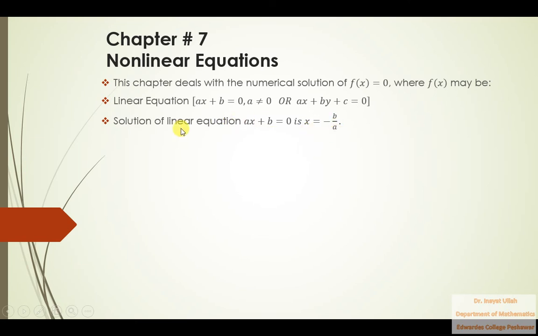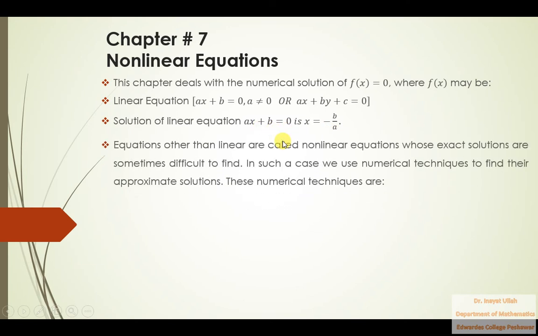The solution of a linear equation is very simple to obtain, and this is the exact solution of this equation. What does it mean? Whenever you replace x by minus b by a here, you get exactly 0. So that is the exact solution of this linear equation.